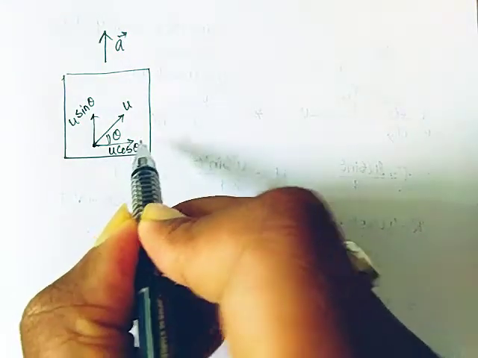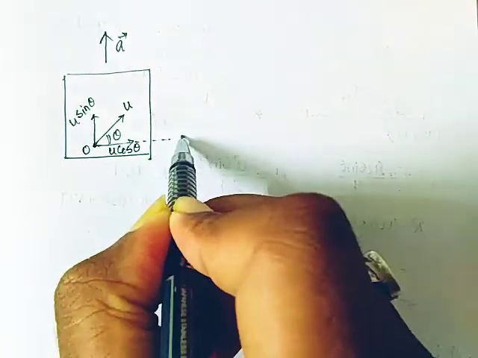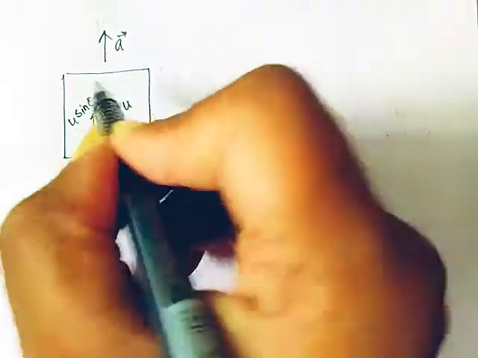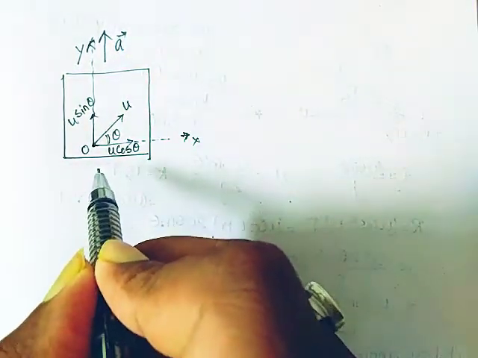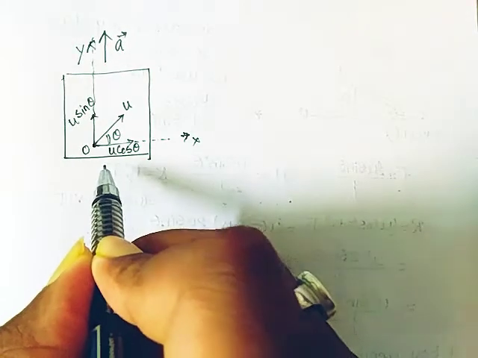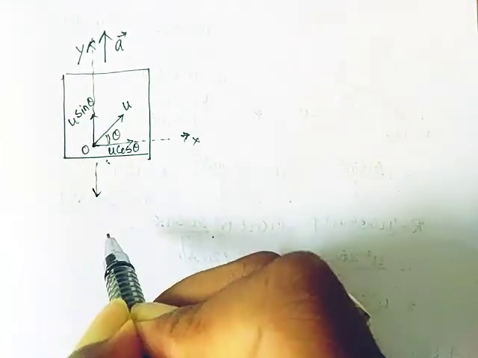So if I choose the x-axis and y-axis again, this is the origin, this is along the x and this is along the y-axis, and the acceleration due to gravity here is obviously acting along the negative axis.